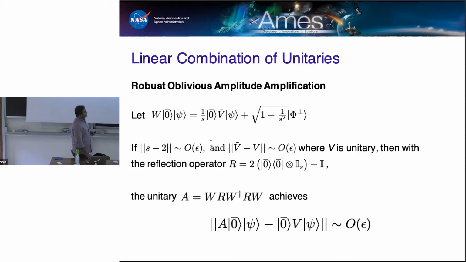If we can satisfy these two conditions, namely this S over here is epsilon close to 2, and this V tilde in the spectral norm is epsilon close to some unitary V, then if we compose this particular unitary, the action of that entire unitary is epsilon close to the identity times the unitary V acting on the system, psi. Okay, so what this buys you is that now you have totally gotten rid of the post-selection technique. You could just apply this unitary instead, and it will give you, to order epsilon, the unitary you need. Yes, question.